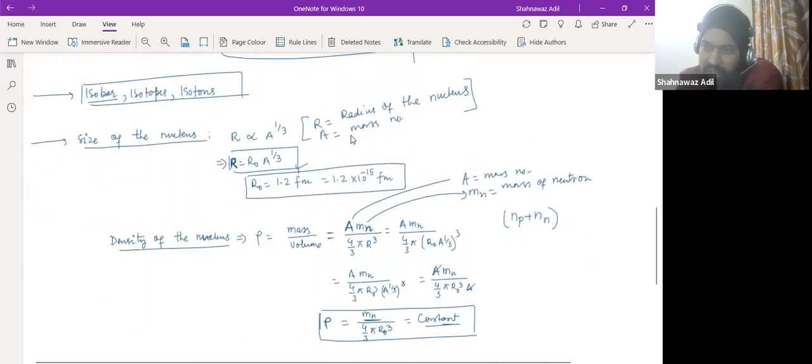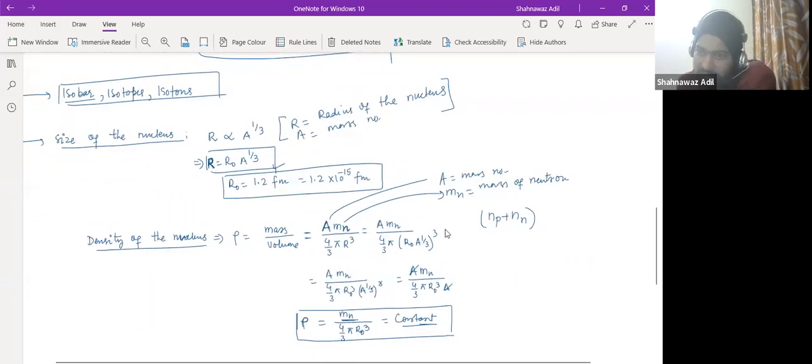So let's say we know the total number of protons and neutrons. Say we have three protons and two neutrons, and then we multiply it with the mass of the neutron, then we get the mass of the nucleus, right?